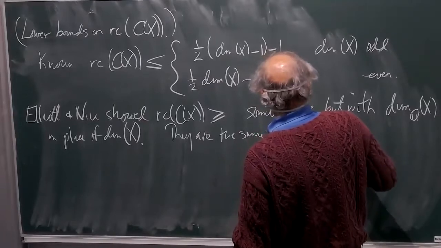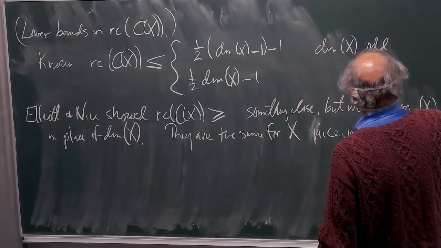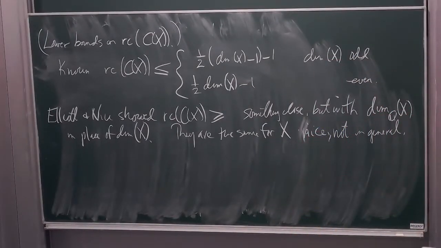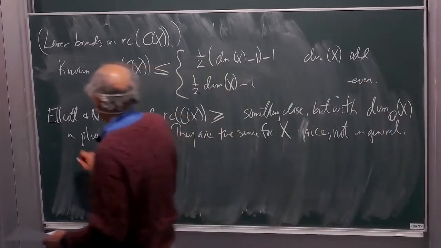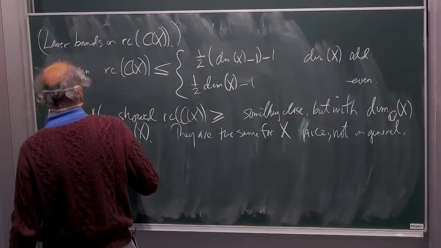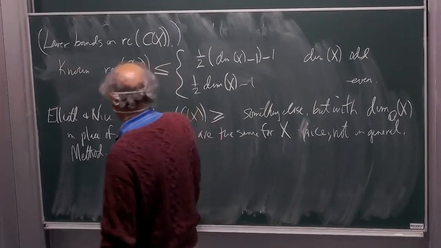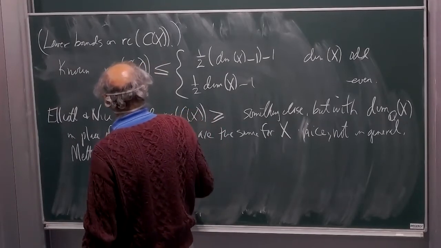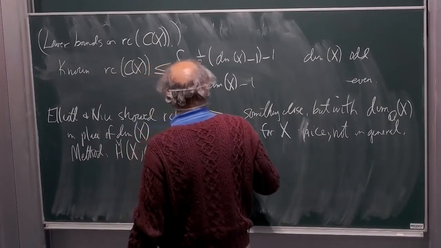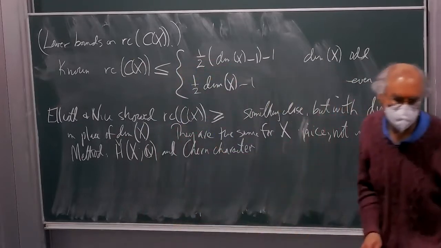X reasonably nice, not in general. And the method uses rational Čech cohomology and the Chern character. And I'll try to say something about how this fits together.